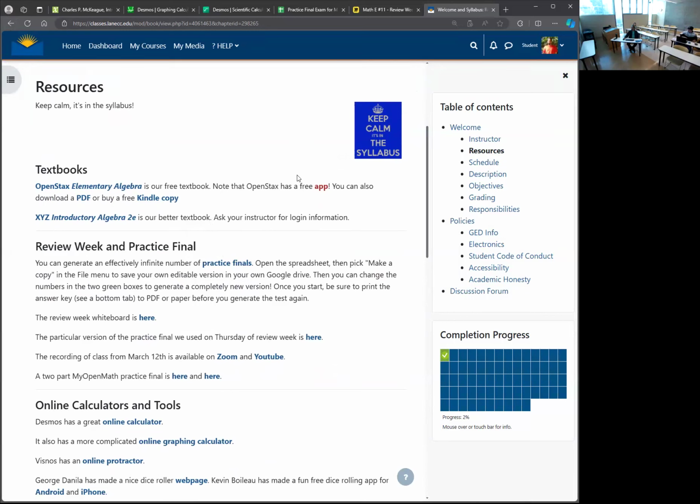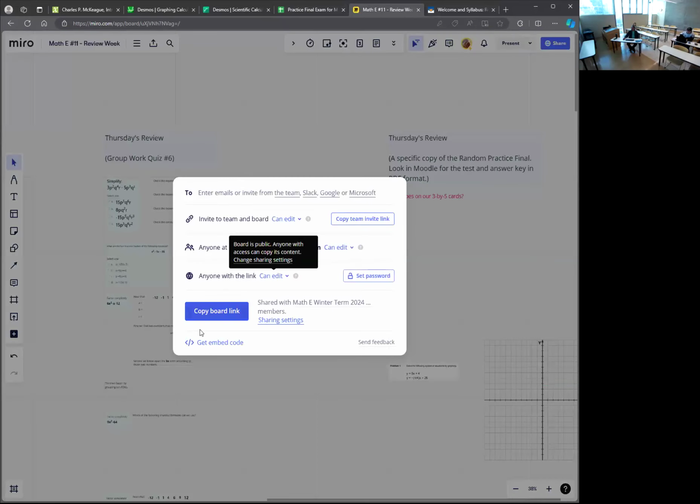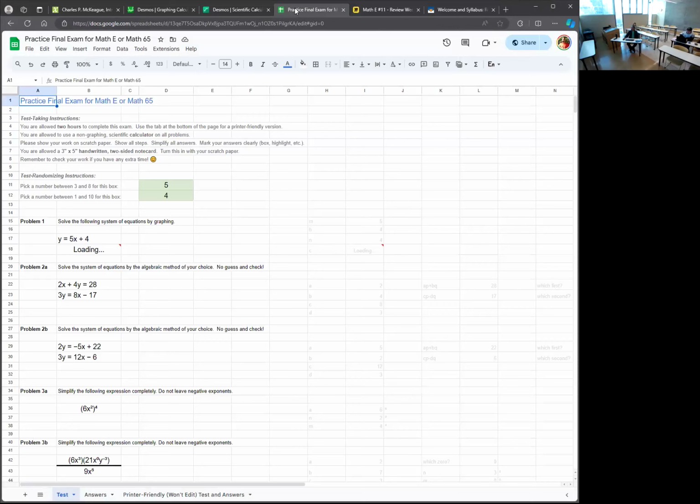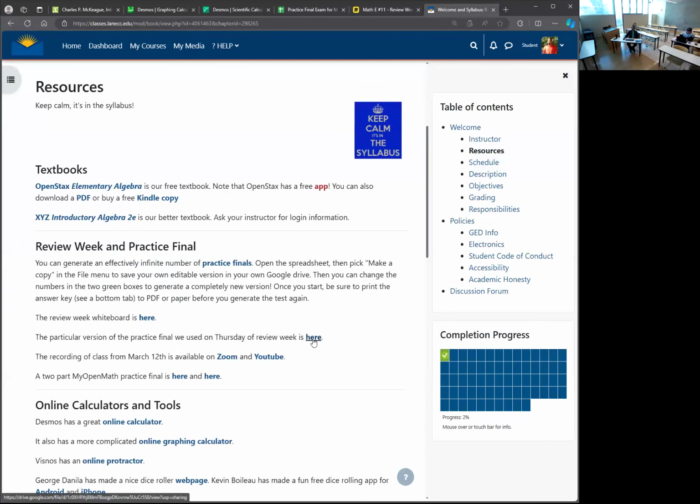I've opened up all the tabs I think we might need. We have Moodle, we have our whiteboard. I'm going to put the link to the whiteboard in our chat so that Dusty doesn't have to load up Moodle. Where's our whiteboard today? It's in that Review Week and Practice Final section. The review week whiteboard is here on the screen.